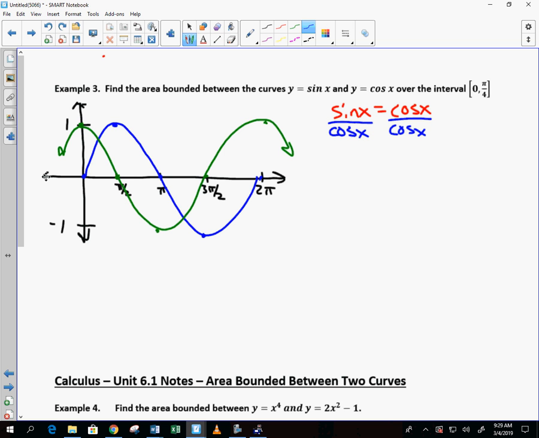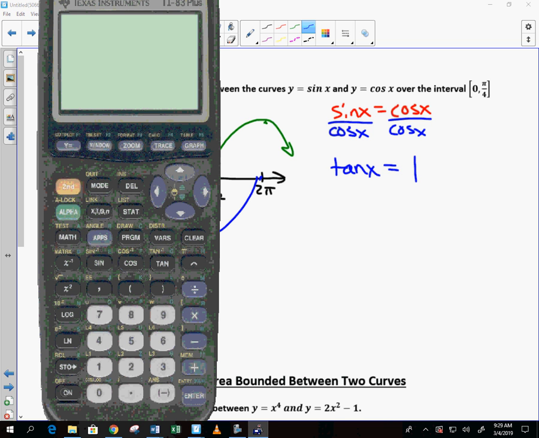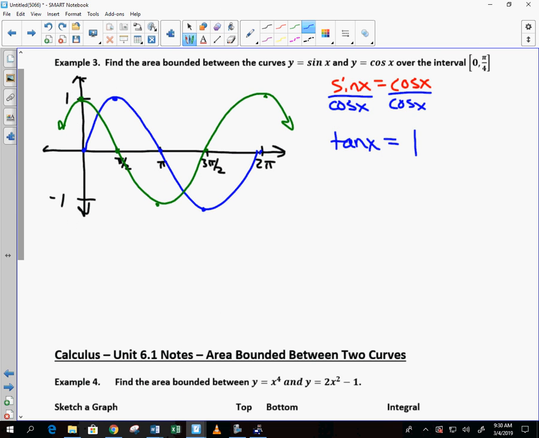What's sine of x divided by cosine of x? How do I solve tangent of x equals 1? Inverse tangent of 1 gives me 45 degrees, which in radians is pi over 4. So it looks like the intersection happens right here at pi over 4.